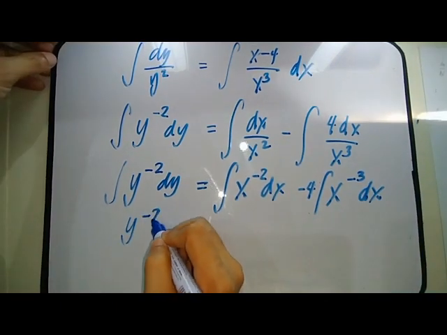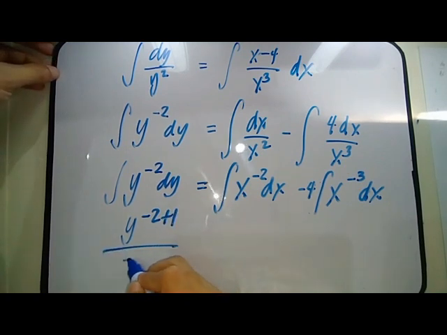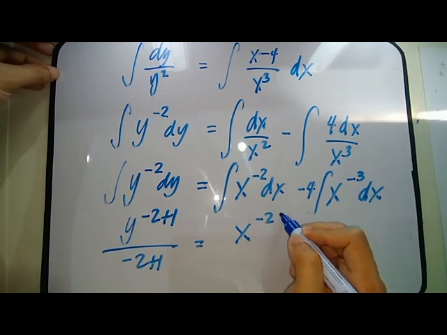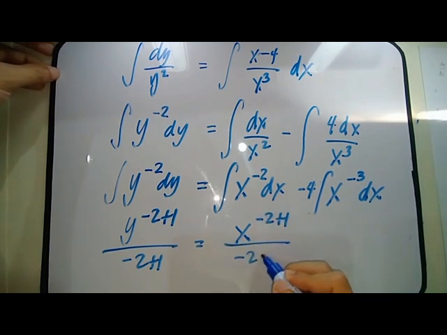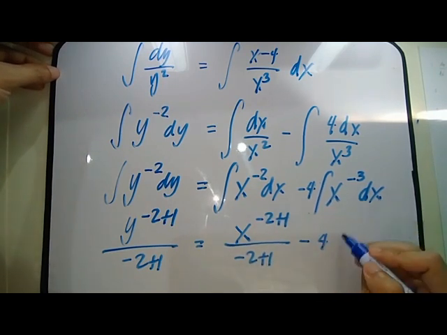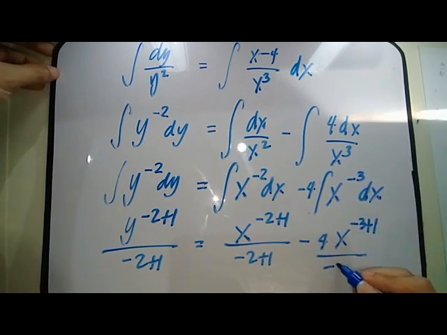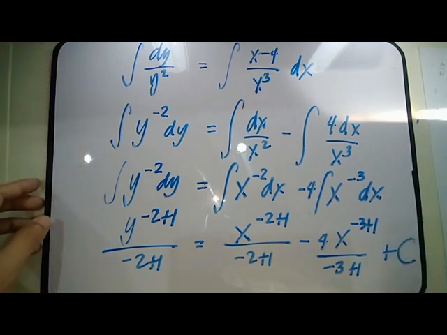y raised to negative 2 plus 1 all over negative 2 plus 1 equals x raised to negative 2 plus 1 all over negative 2 plus 1 minus 4 times x raised to negative 3 plus 1 all over negative 3 plus 1. Of course, you have here plus c. Then we simplify this.